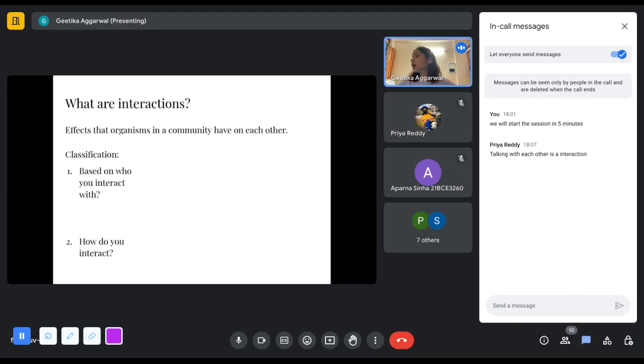So there are various classifications of interactions that were taught this week. Let's see how interactions are classified based on who you're interacting with and based on how you're interacting with them. First, how do you think we classify interaction based on who you are interacting with? Anyone? Guys, this is very simple.